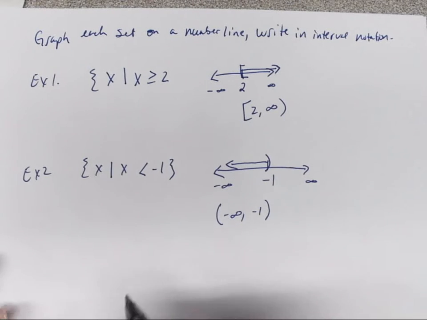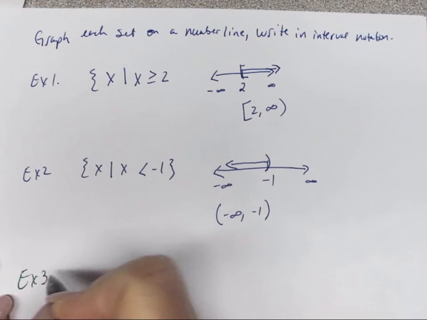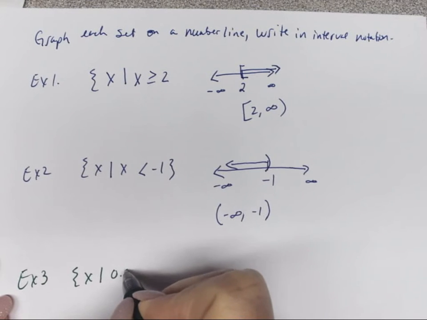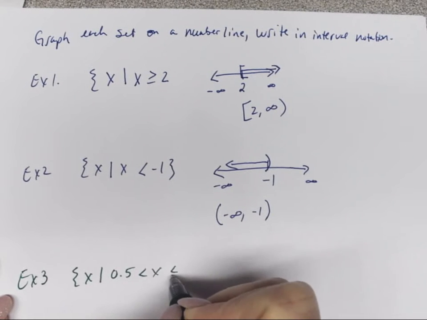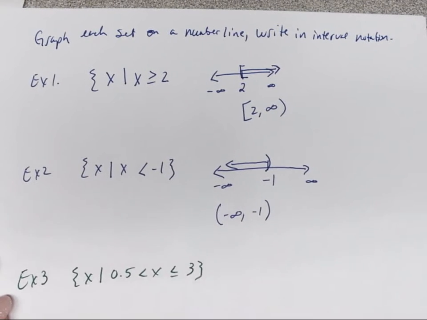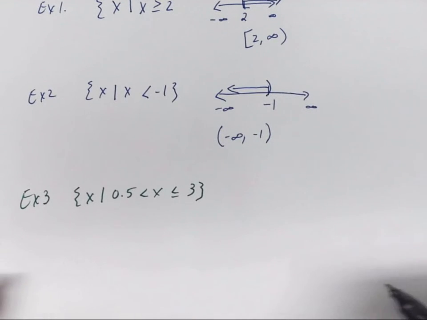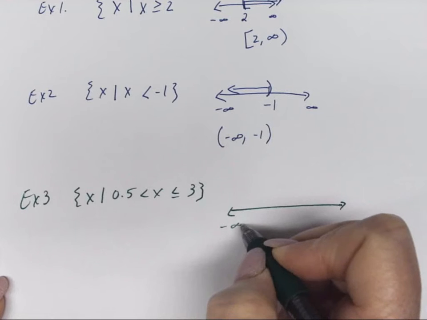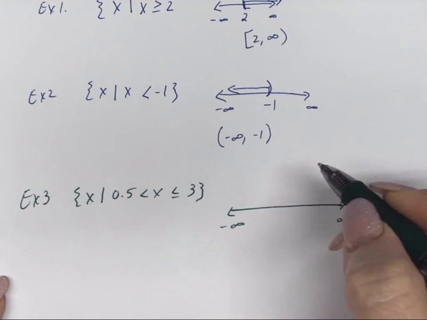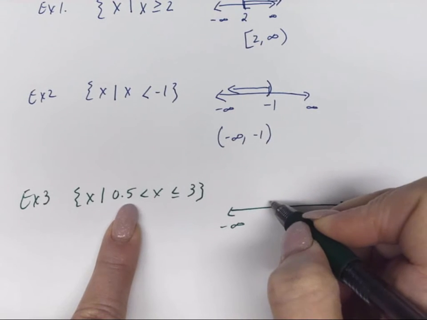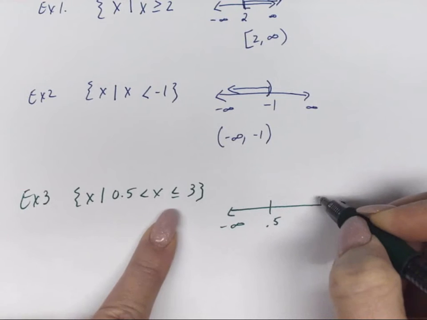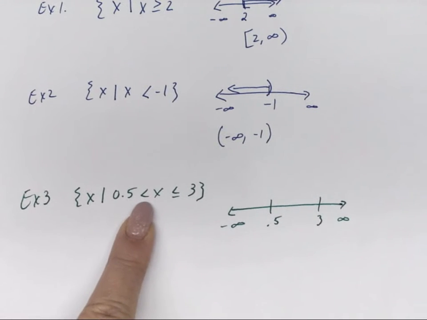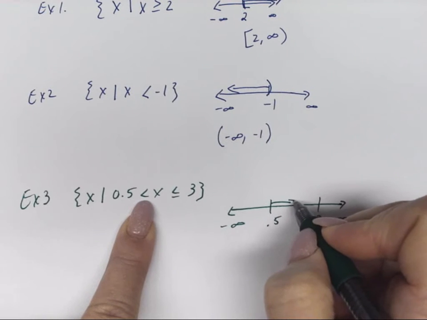All right, let's look at example 3. So we have x such that 0.5 is less than x less than or equal to 3. So we have our negative infinity to infinity, and we have a 0.5, and we have a 3. So x is greater than 0.5, so that will go to the right.